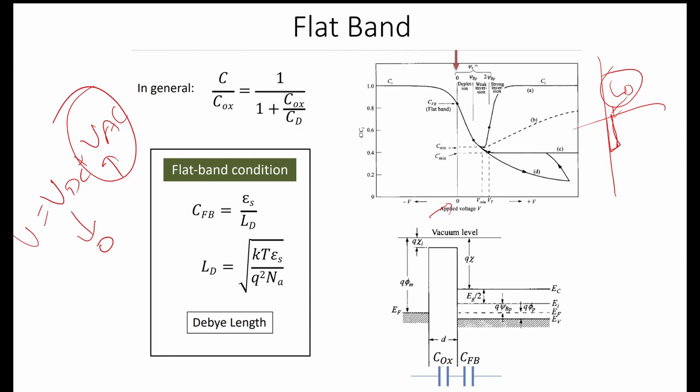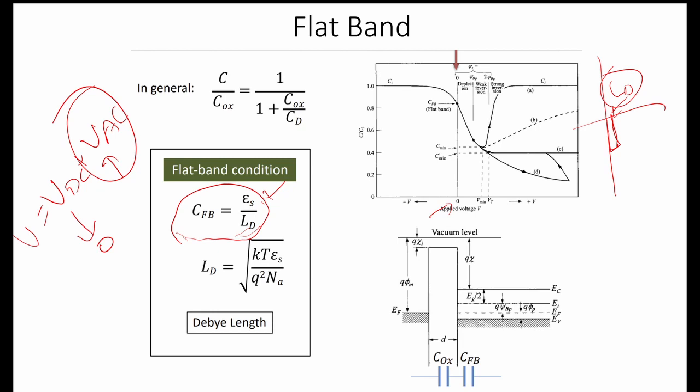This LD is known as the Debye length, and CFB we can calculate from this formula, which is epsilon s by LD.